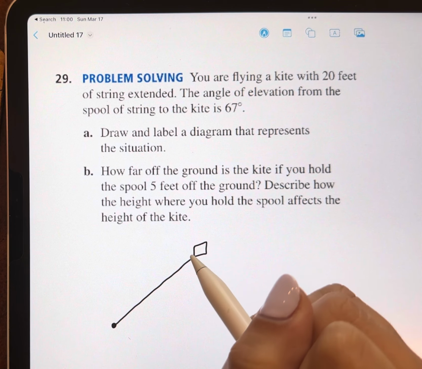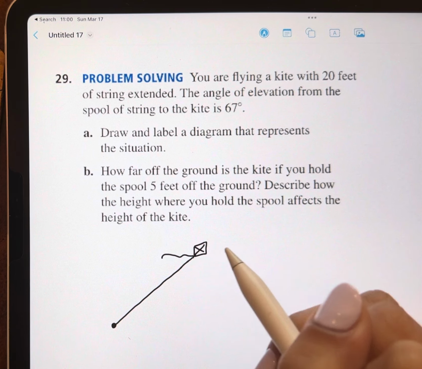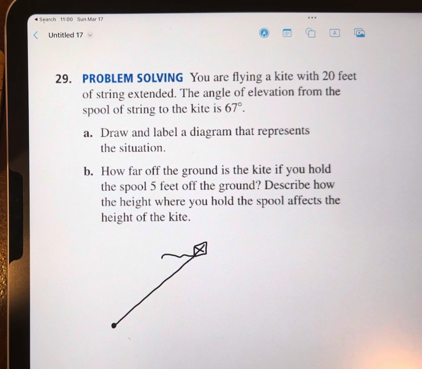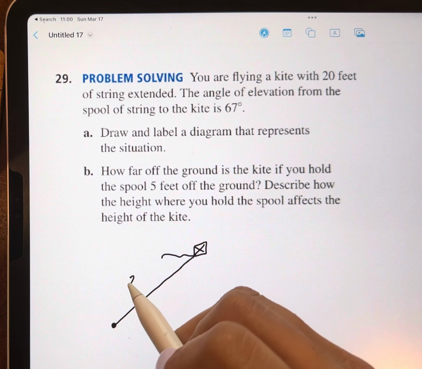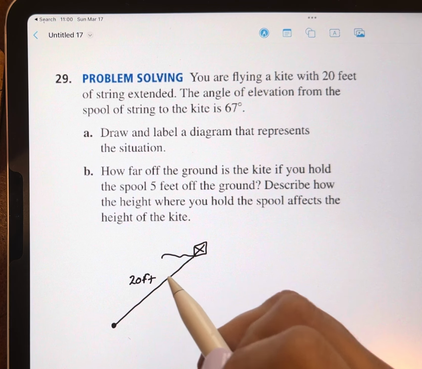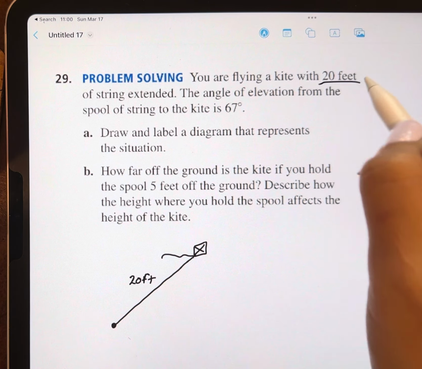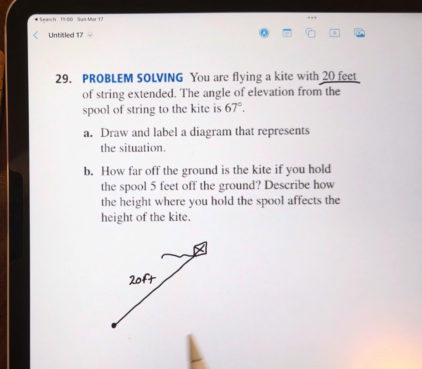There's the kite. Oh, it's so pretty. I have 20 feet of string extended here. So that's that 20 feet. The angle of elevation is our angle going up from the horizontal.